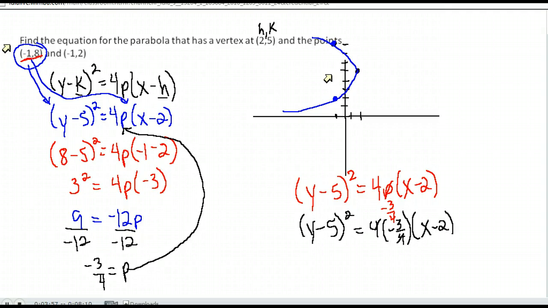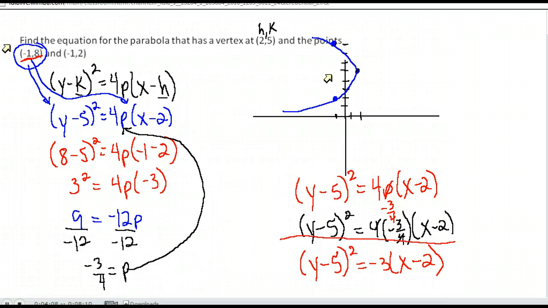Okay, so if we do 4 times negative 3/4, we just get negative 3. The standard form for our equation is going to be (y minus 5) squared equals negative 3 times (x minus 2). Okay, so a little different than that last type, but we still just use the basics of a parabola.